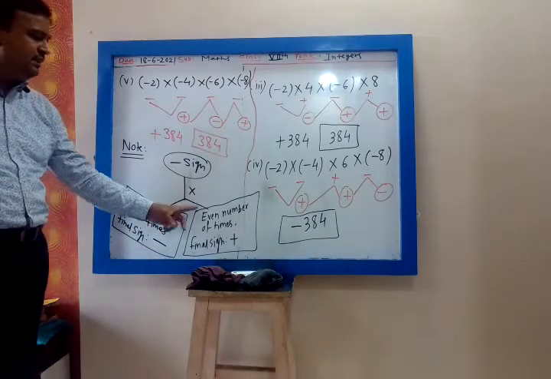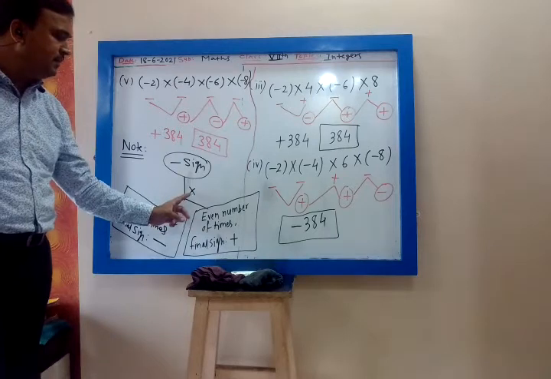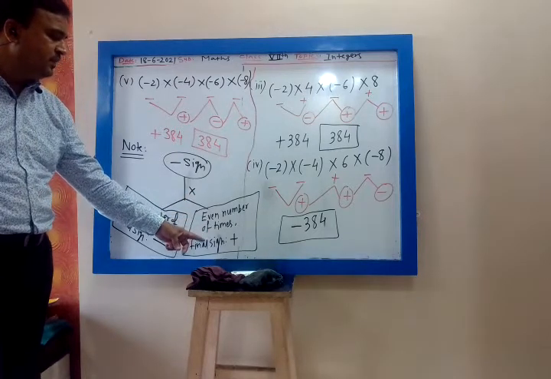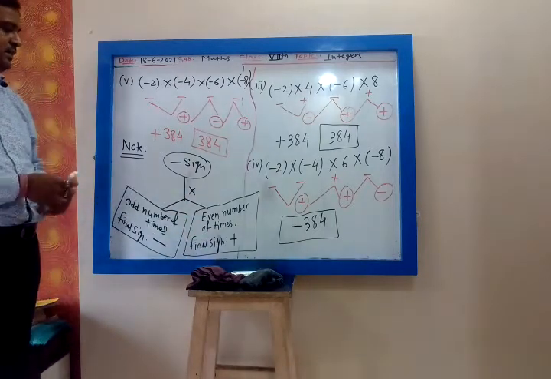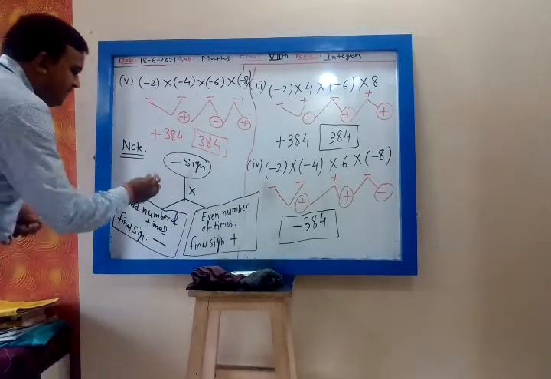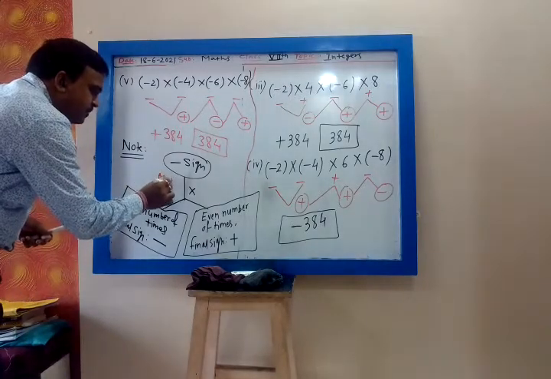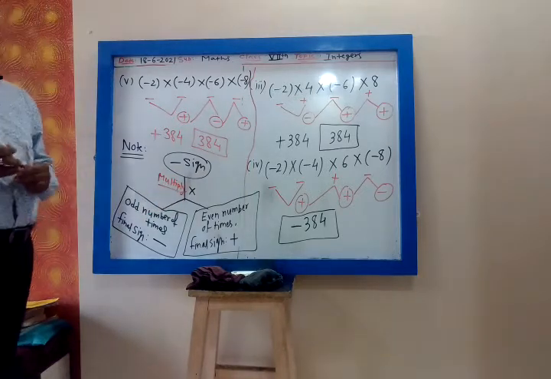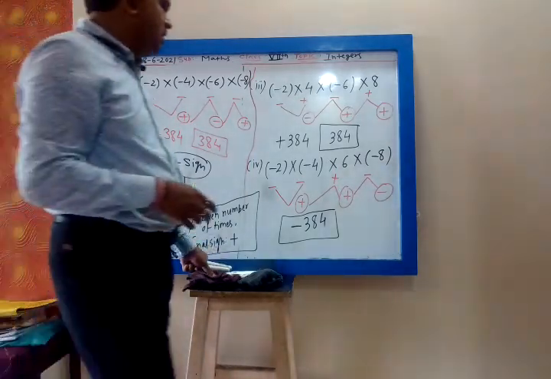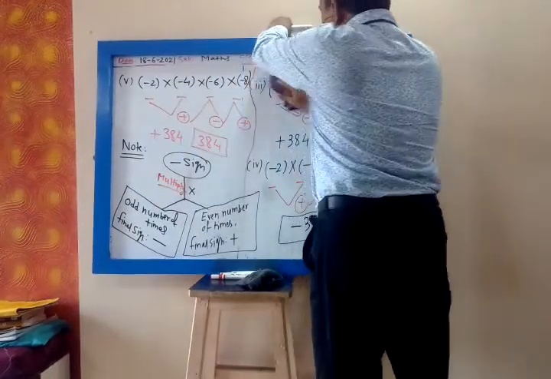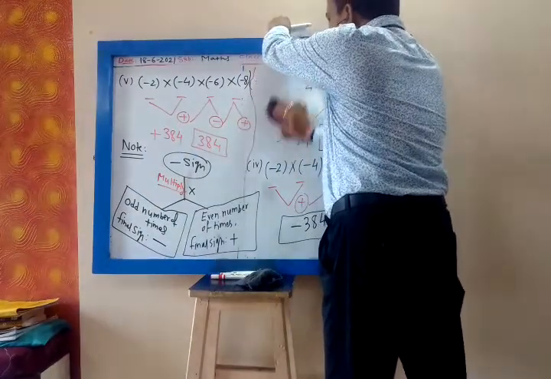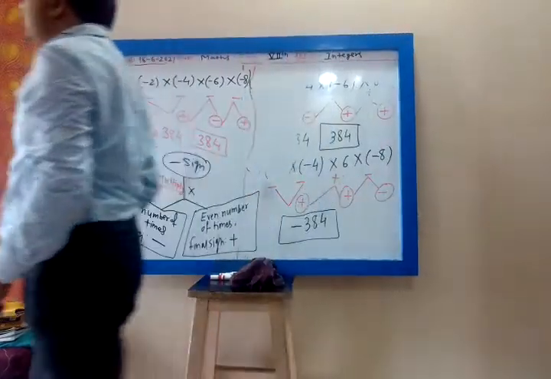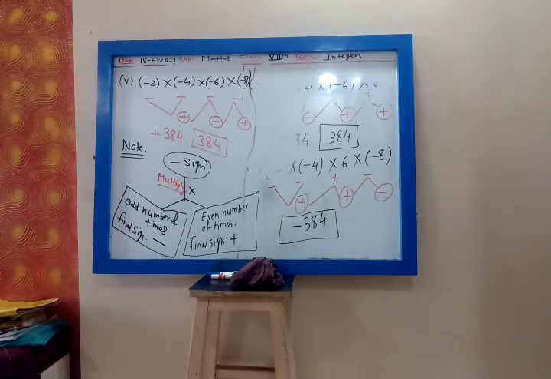If it is multiplied an even number of times, the final sign will be plus. Cross means multiplication. This you have to remember, my dear.